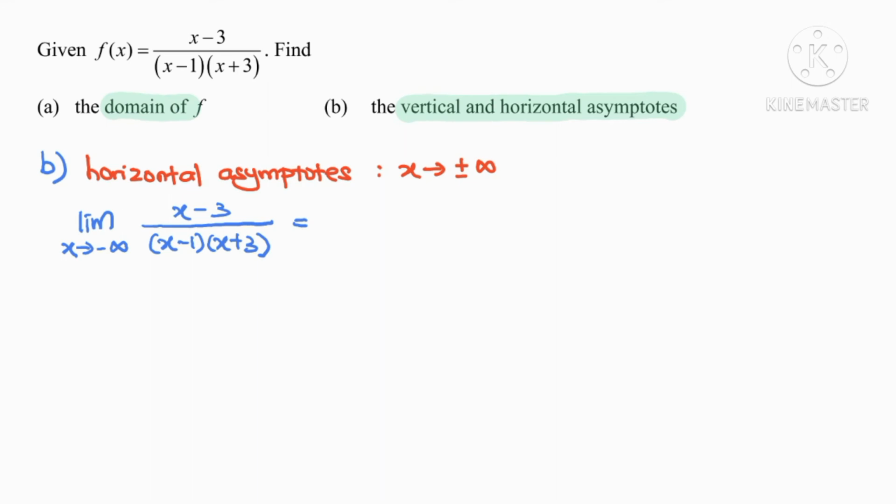So first, let us substitute x with negative infinity into the function. So we get infinity over infinity, which is an indeterminate form. Now, again, we are going to divide both numerator and denominator by the highest power of x in the denominator.